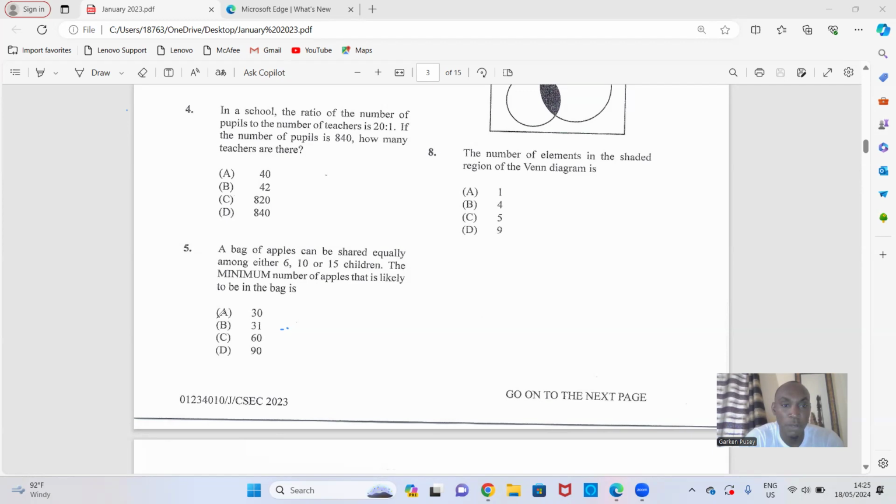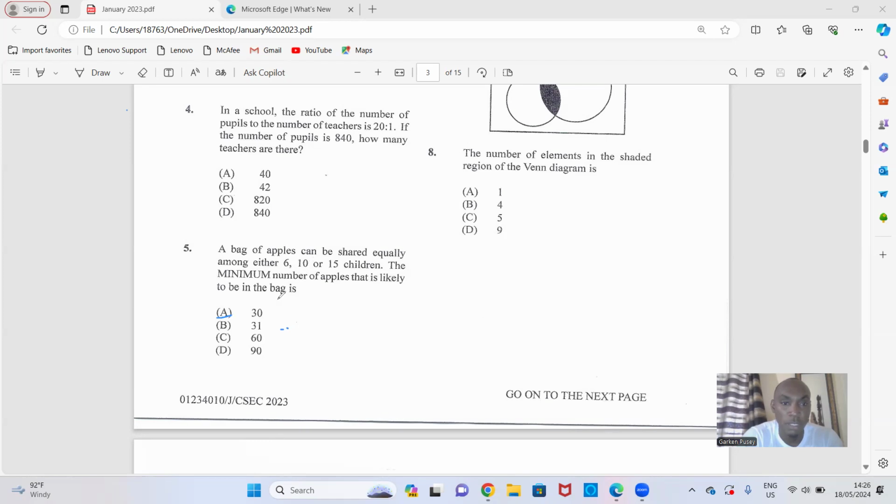So let's start with the first one. Can 6 go into 30? Yes, 6 can go into 30 5 times. So if you are sharing 30 apples among 6 people, it means each of them will get 5 because 5 times 6 is 30.